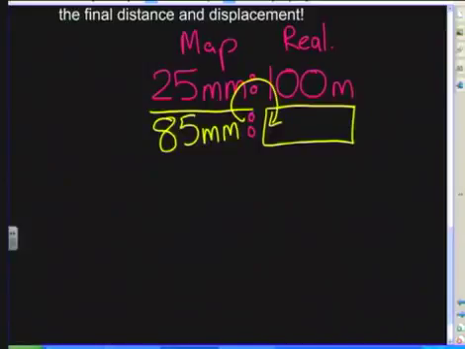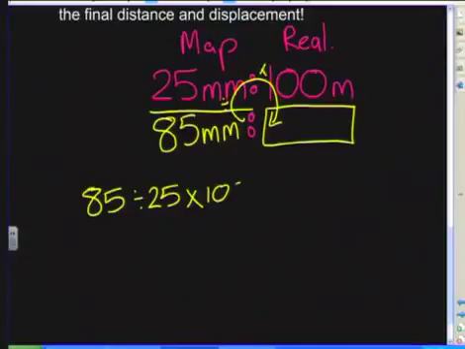So here goes my sum. I start out with 85. I divide by 25, and that gets rid of the millimeters, because they cancel out. So I divide by the thing which I have. Then I multiply by the thing which I want. I divide to go up, and you multiply to go across. So you multiply by 100.